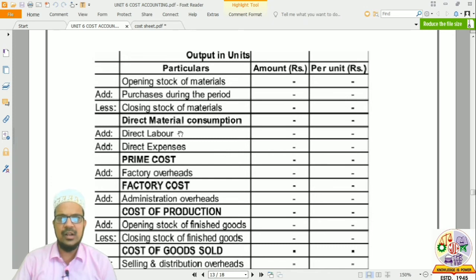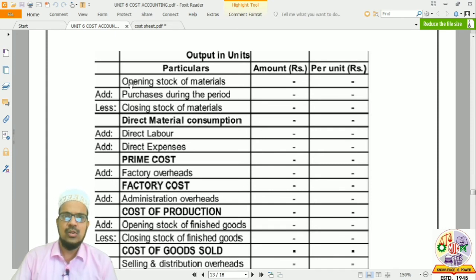The direct material will be calculated as follows. You will be given opening stock of materials. In that opening stock of materials, you need to add the purchases made during the year, and from that amount you need to deduct the closing stock of materials, the stock of materials which is with you at the end of the year.